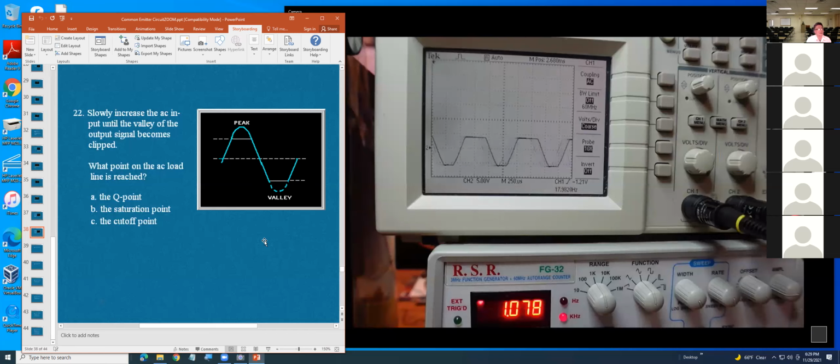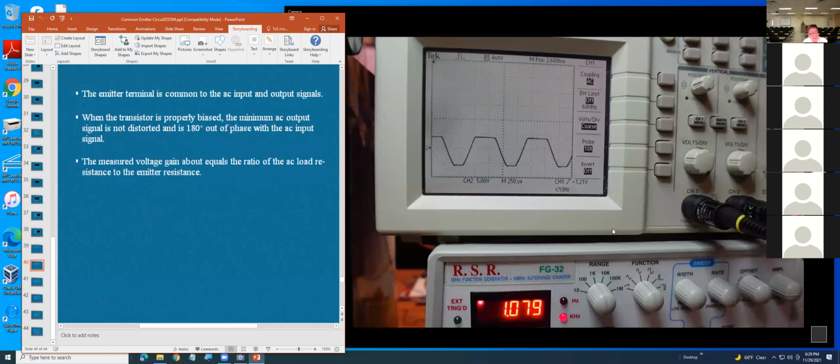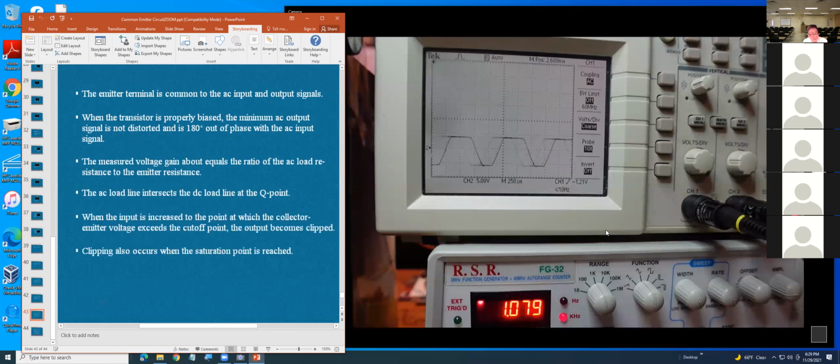And now, in the second one, you can see at the bottom, the valley, they will be cut off also. So that will be saturated. Later they explain it to you, you have to read it. Okay.